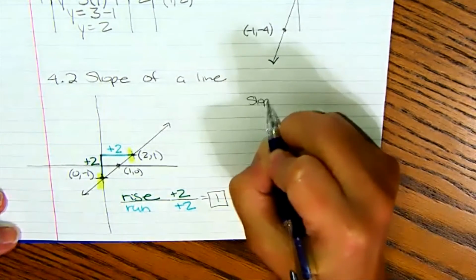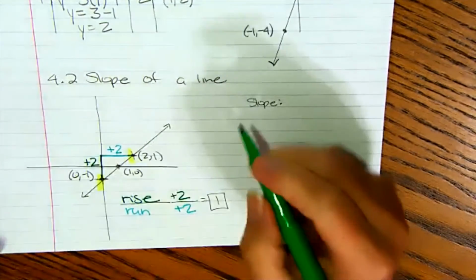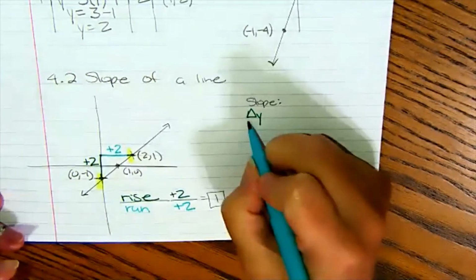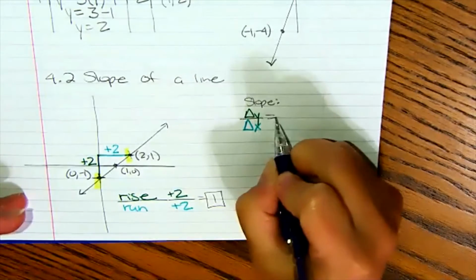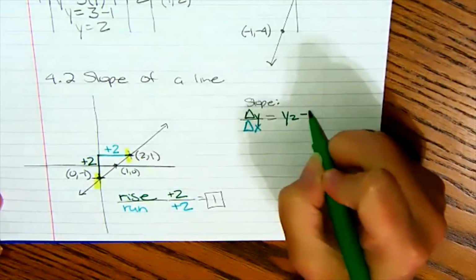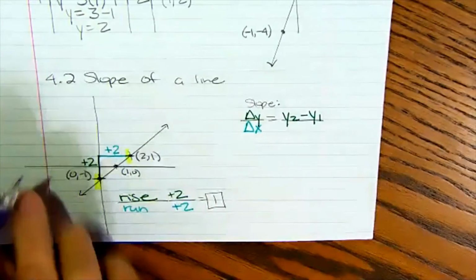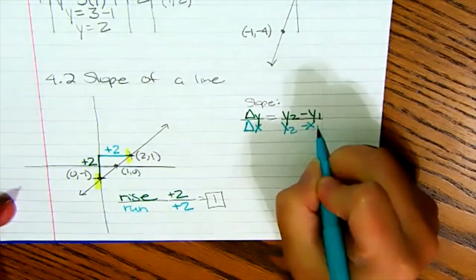So the other way to find slope we know is the change of y over the change in x, which is equal to y2 minus y1 over x2 minus x1.